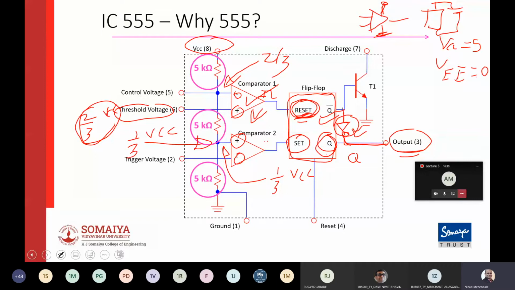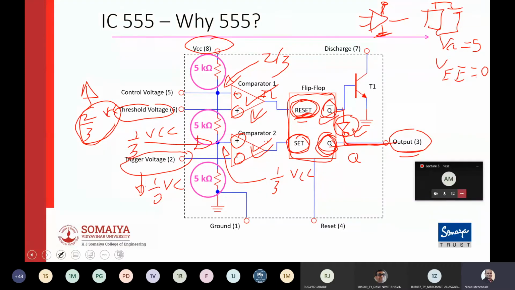So if the trigger pin voltage goes below 1/3 of VCC, then this comparator output will go high, and that will set the flip-flop, and at that time your Q will become high, Q bar will become low, and the output will go high.